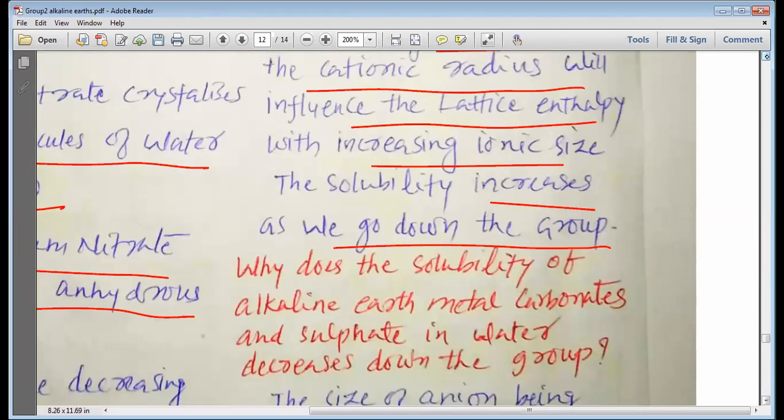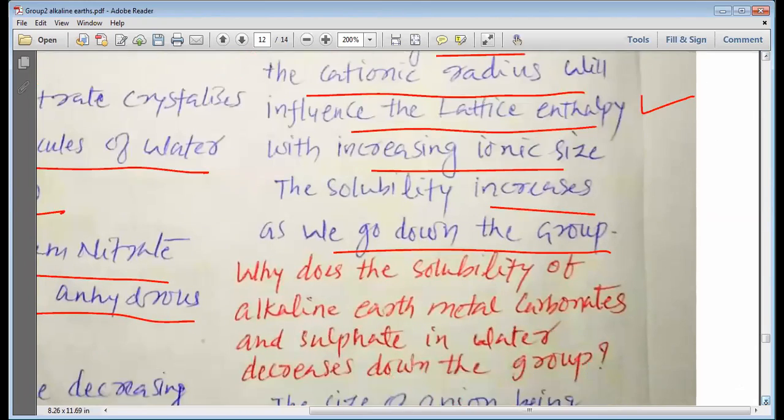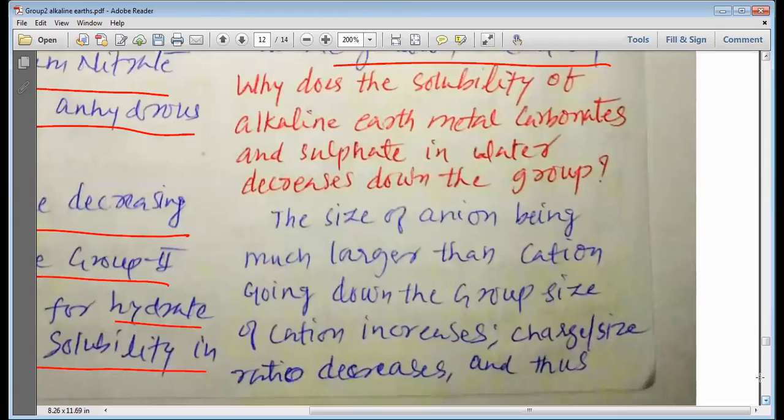So, my dear students, as we go down the group, the lattice enthalpy decreases, and as the lattice enthalpy decreases with increasing size, these hydroxides going down the group become more and more soluble in water.